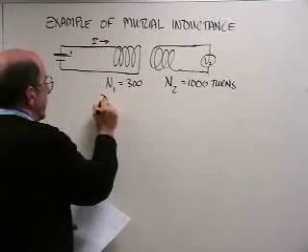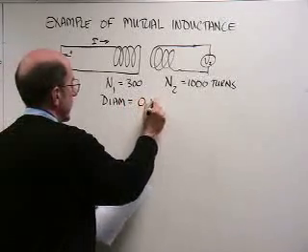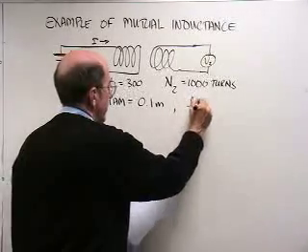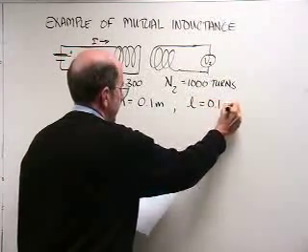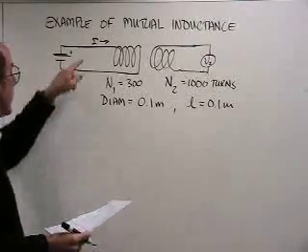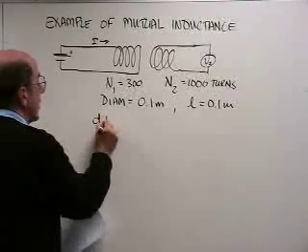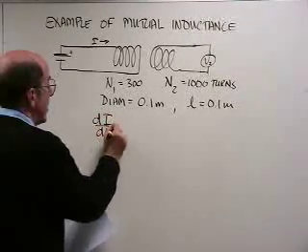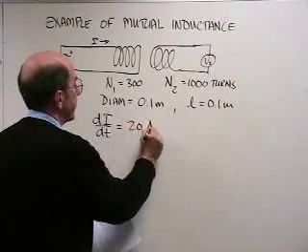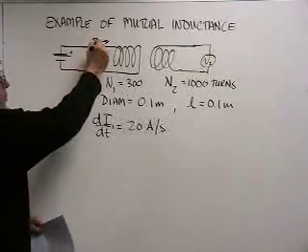Let's make the diameters of both equal to 0.1 meters, and they both have the same length, L equal to 0.1 meters. And let's suppose that the current is changing at a rate of 20 amperes a second. That's the current through the first coil.